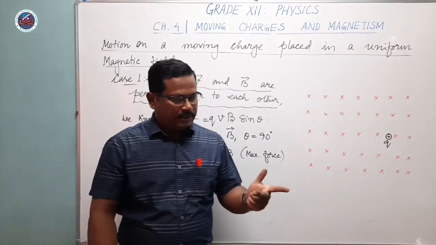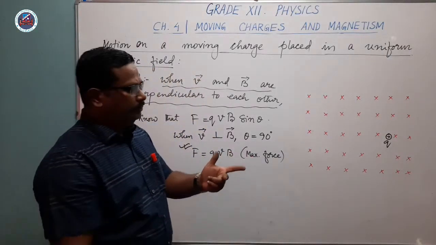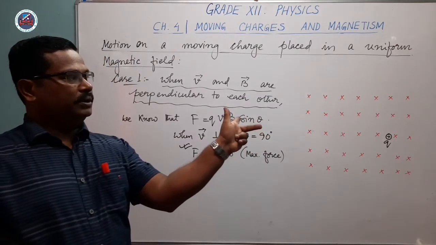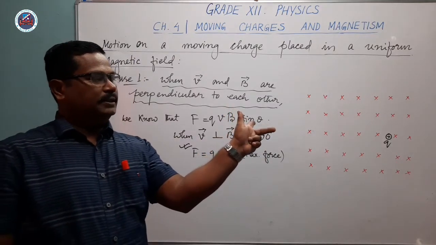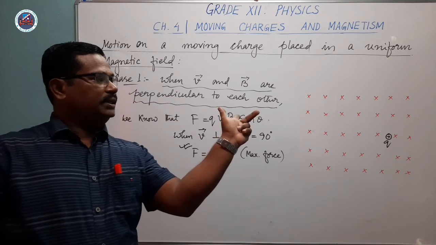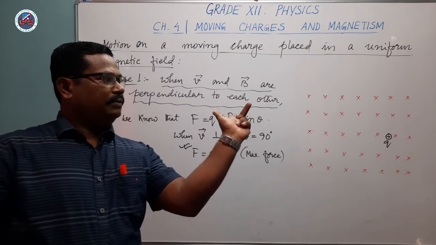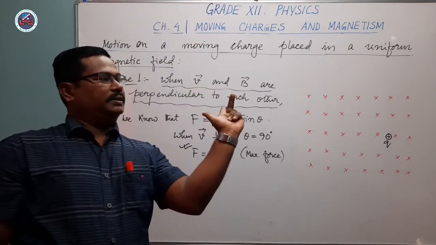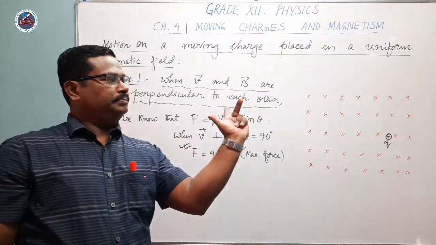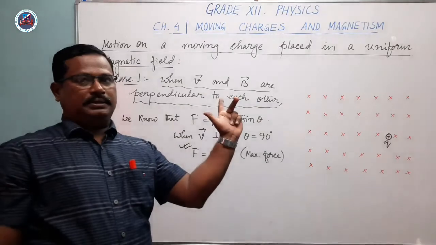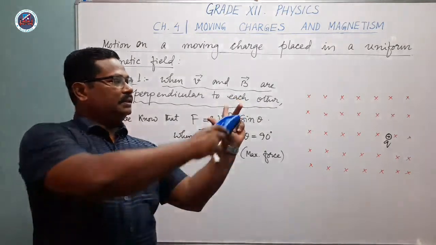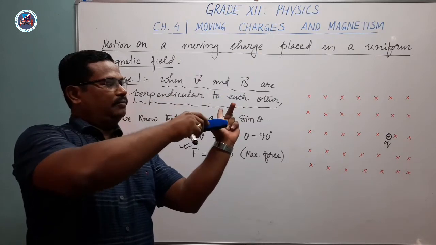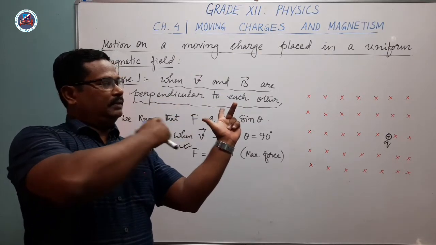Now let us do and see. This thumb is the direction of the magnetic field, going inward. The cross markings are going inward. Velocity, you are allowing it to hit perpendicularly like this. Can you see? This is velocity hitting perpendicularly with the magnetic field. Then the force will be towards the left hand side.